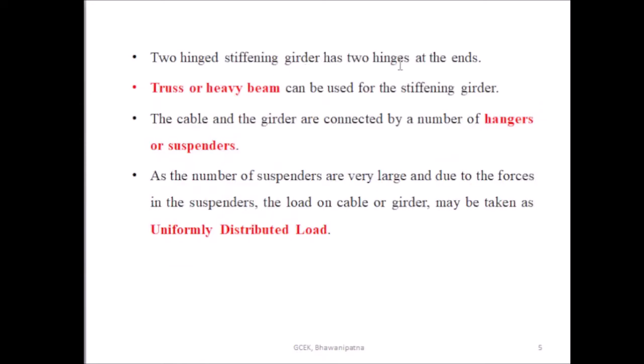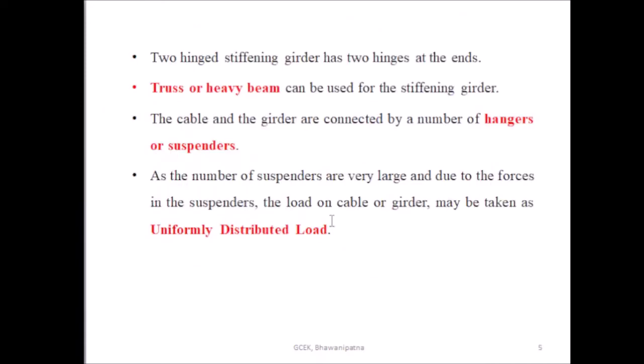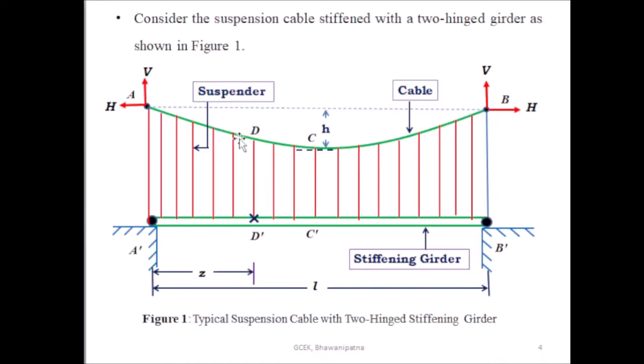A two-hinge stiffening girder has two hinges at the ends. A truss or heavy beam can be used for the stiffening girder. The cable and the girder are connected by a number of hangers or suspenders. These are the hangers or suspenders which are connected to the stiffening girder and the cable.